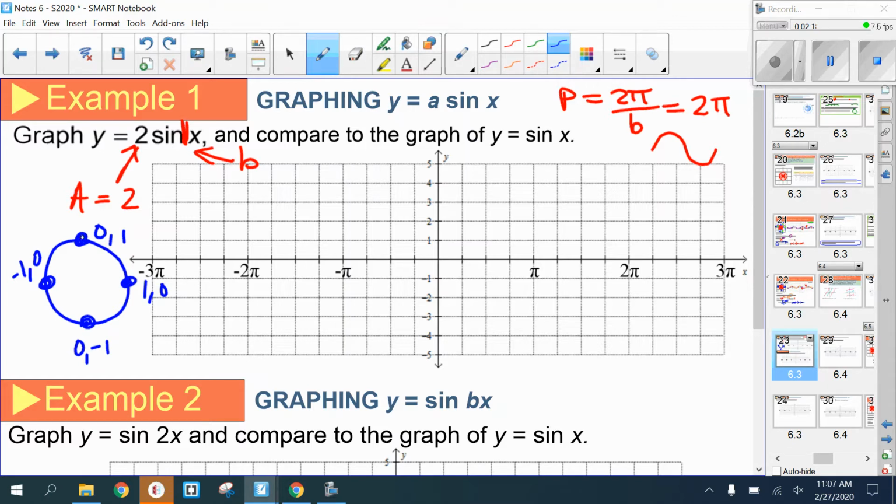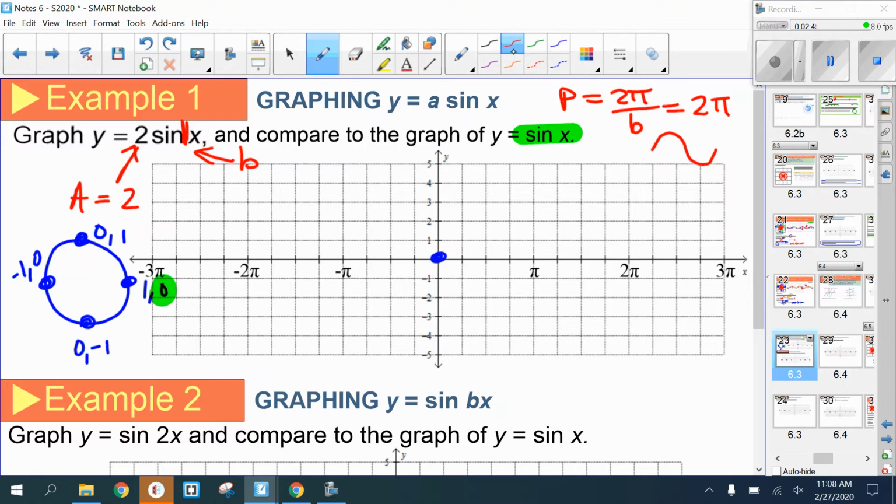So what we do is we start at an angle of 0. At an angle of 0, we look at the sine, so we look at the y coordinate, and so at an angle of 0, we will have a value of 0. Just think about plugging in 0.